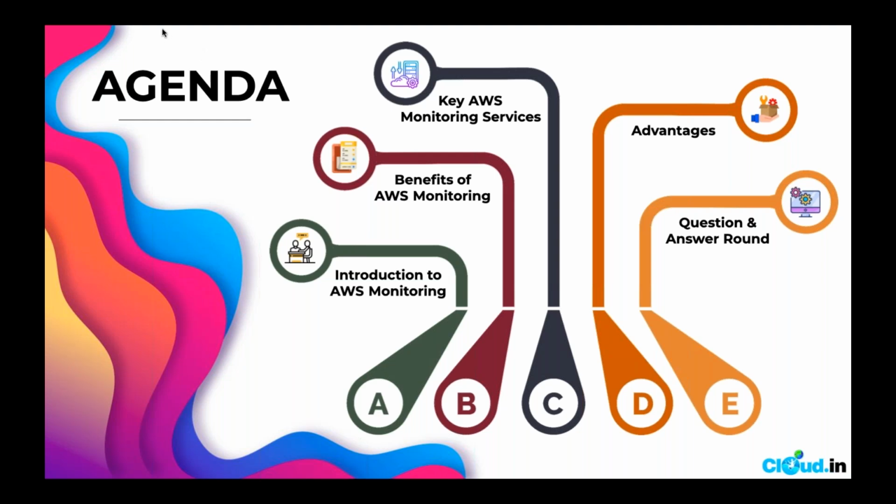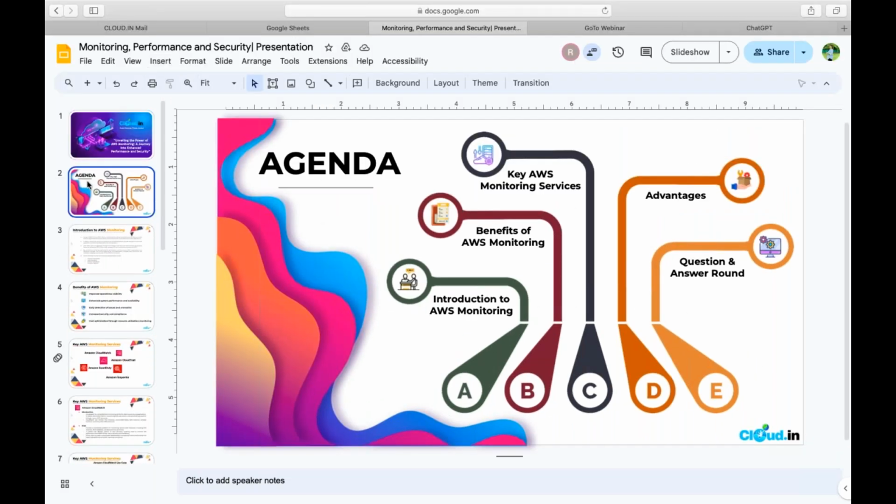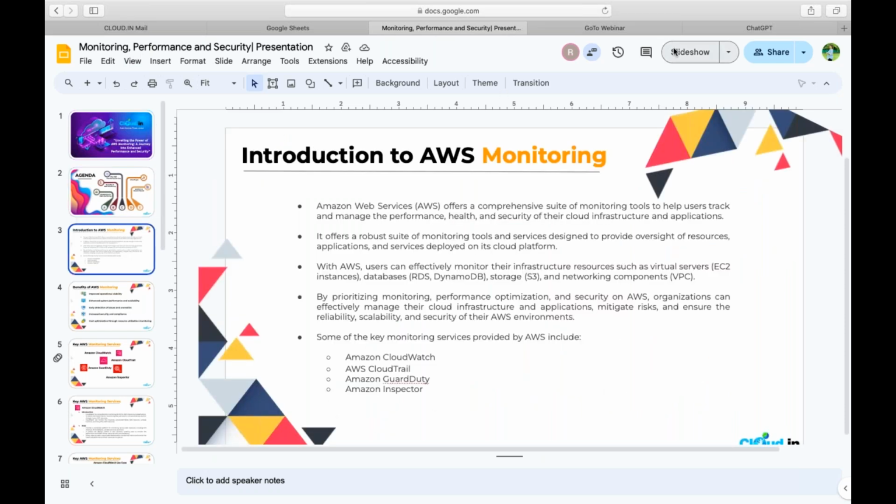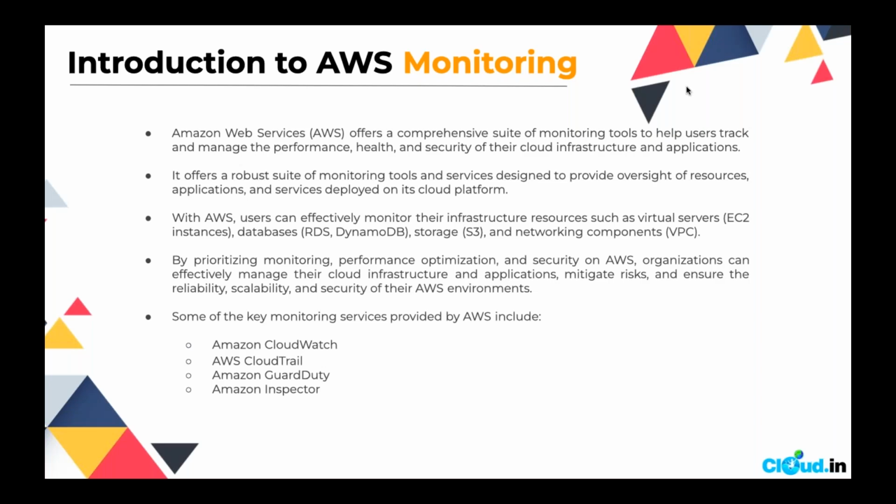So coming to the introduction of AWS monitoring. AWS monitoring is the process of collecting, analyzing, and using data to track various systems. Amazon Web Services monitoring scans your AWS resources and applications, and it collects data to ensure that everything is operating smoothly and securely.